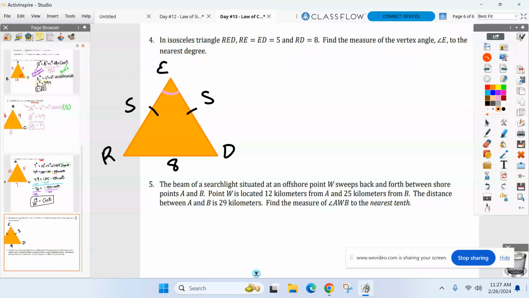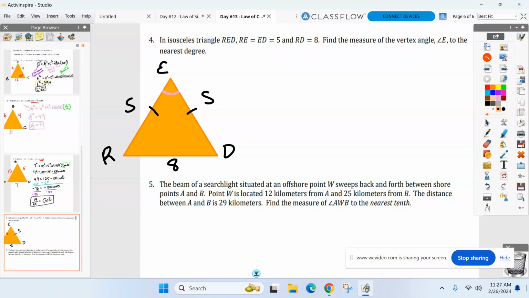Shift, right? Anytime you find an angle, we're going to have to do the shift. Arc sine, arc cosine, whatever the case is. So at the very end, before you have your angle written down, we're going to have to do the shift button.